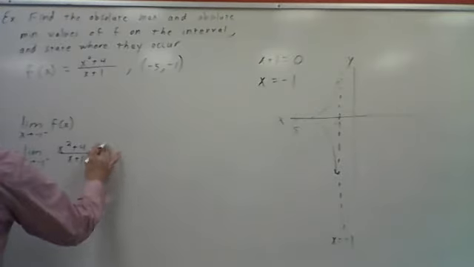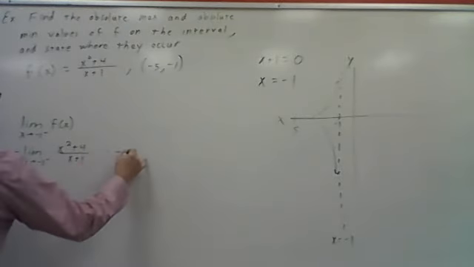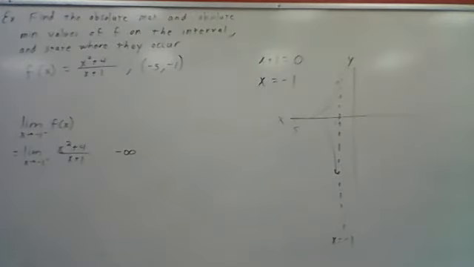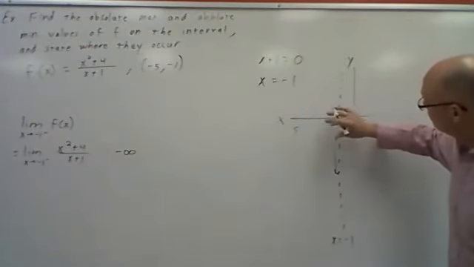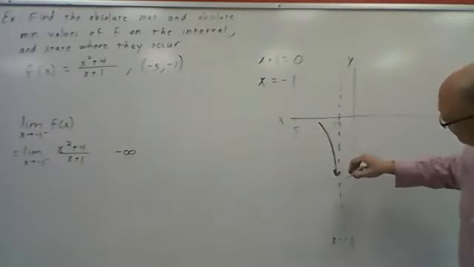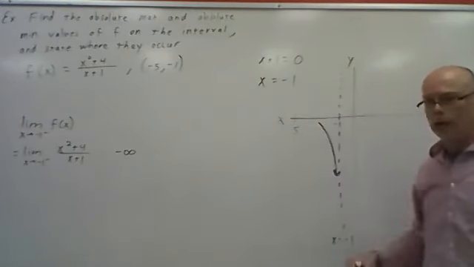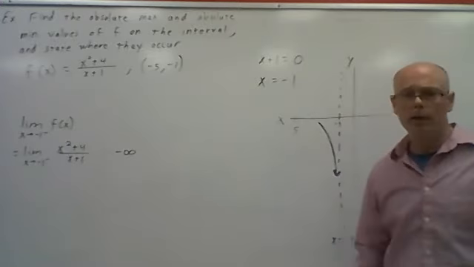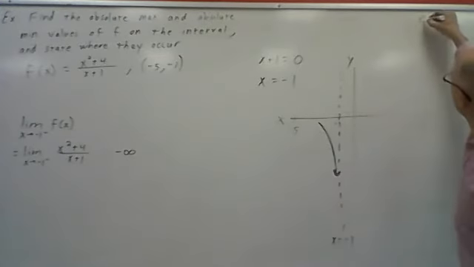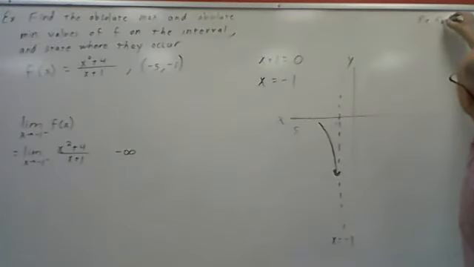I get negative infinity. That means your function is going to approach negative infinity as you approach -1 from the left-hand side. So automatically, if it goes off to negative infinity, I have no absolute min. I can go ahead and put that, no absolute min.